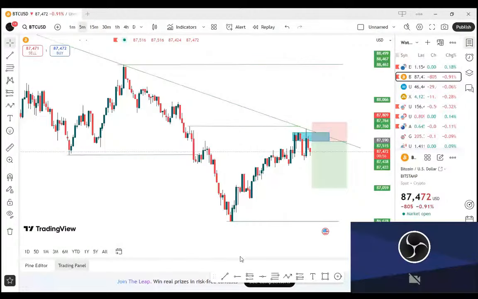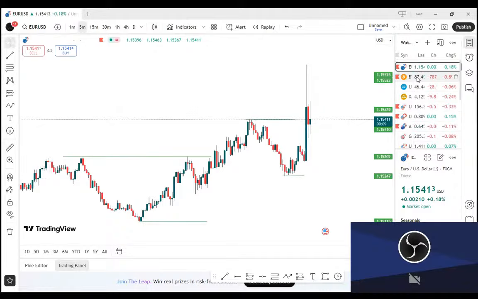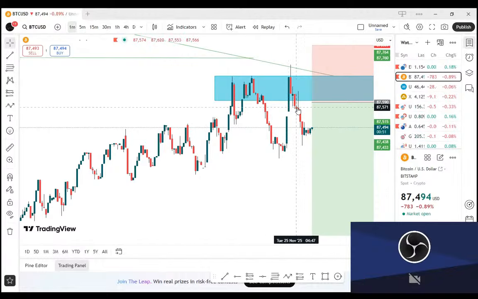We're left with 58 seconds for the candlestick to close. 25 seconds for the candlestick to close. The one minute time frame shows that price is pushing all the way back up here.